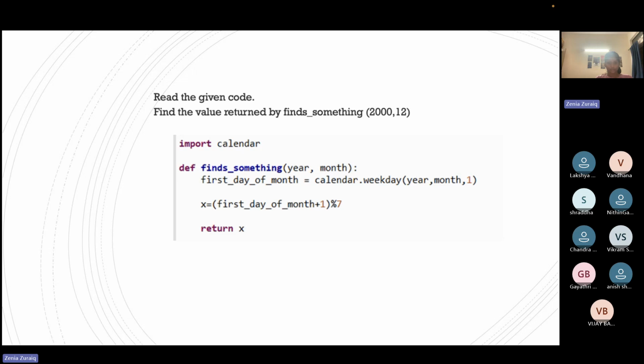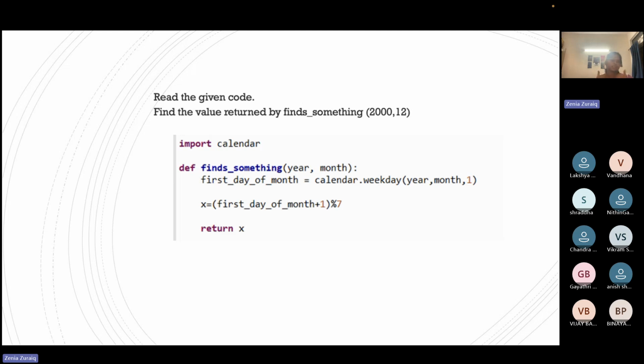Why the second day of the month? I don't understand. You're saying that it returns the second day of the month? Not exactly the second day of the month. First day of the month, sure, but it's written here first day also. It doesn't exactly return the first day of the month. Let me ask like this: what is X?